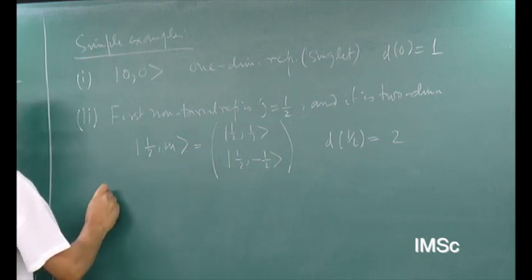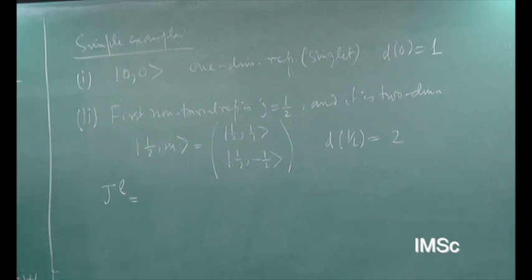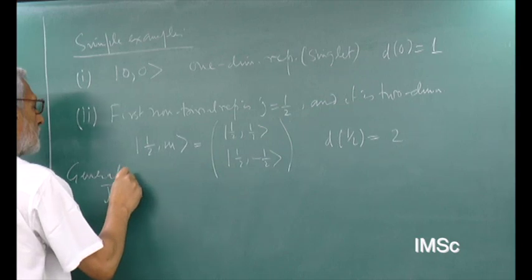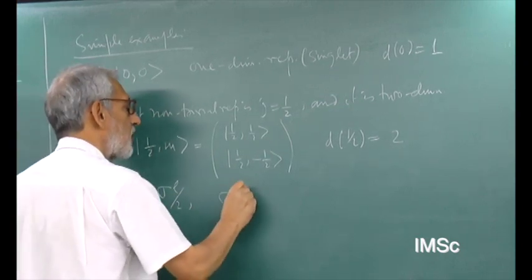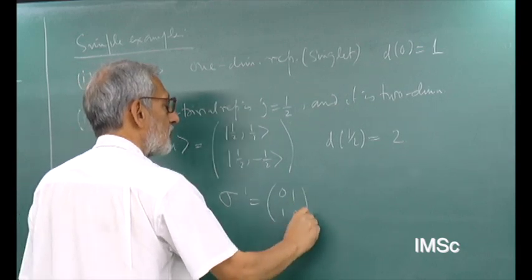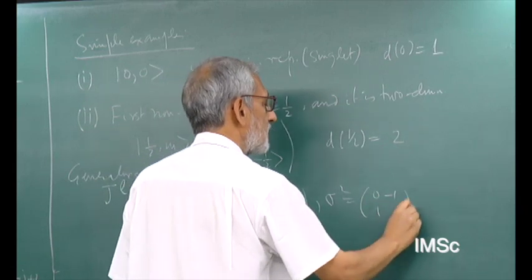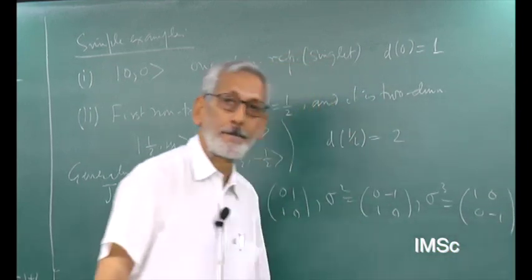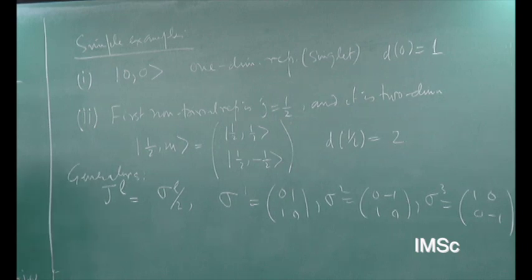What are the generators? The three generators JL in this representation are sigma L by 2, where sigmas are Pauli matrices. Sigma 1 is (0, 1; 1, 0). Sigma 2 is (0, minus i; i, 0). And sigma 3 is (1, 0; 0, minus 1).